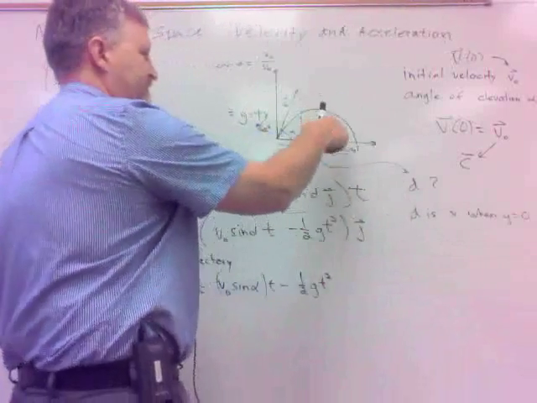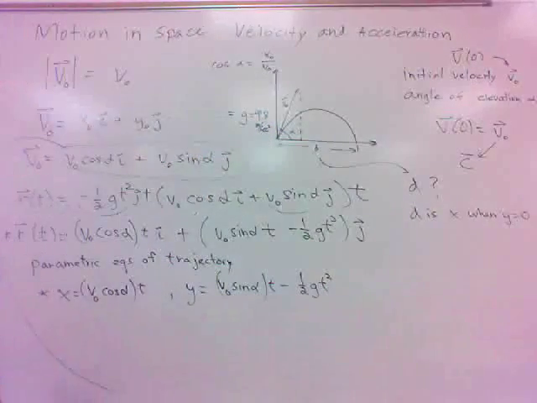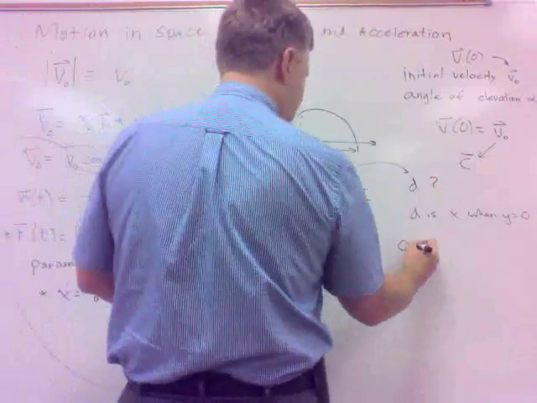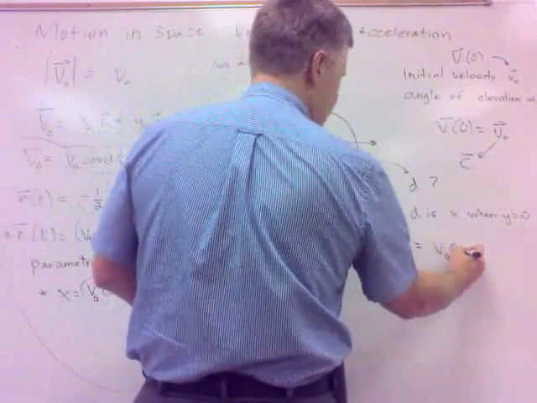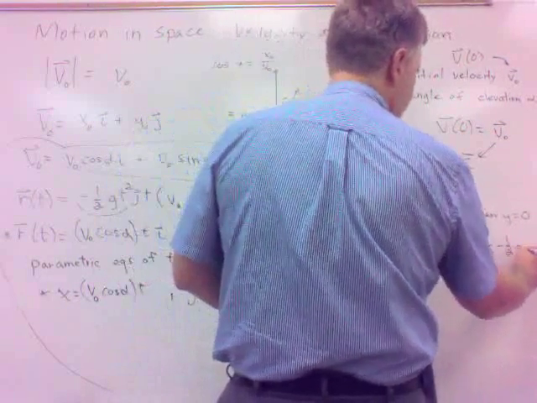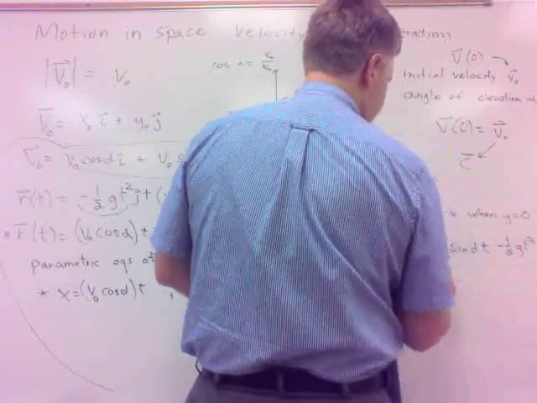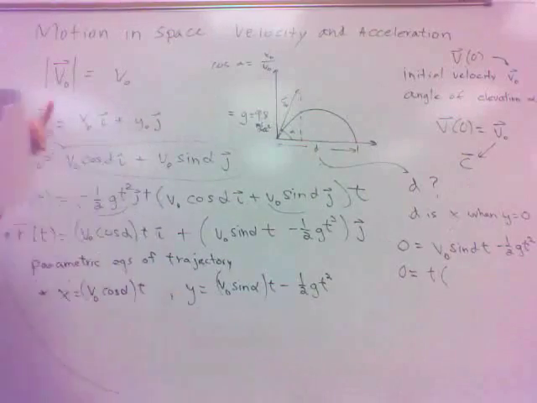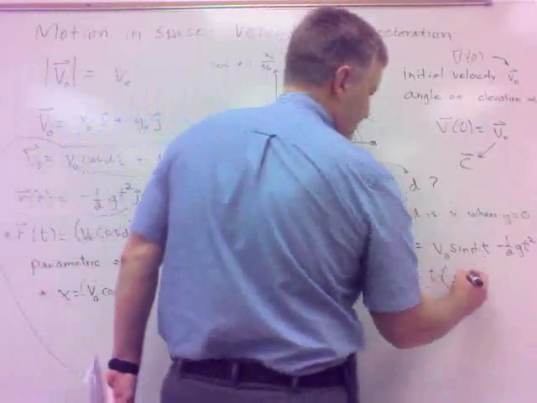And this is y equals 0, not that y equals 0, because notice here, if we let the y component be 0, then we have v0 sine of alpha t minus 1/2 gt squared, which you can factor a t off of. That'll give us t equals 0, right? That's not the one we want.